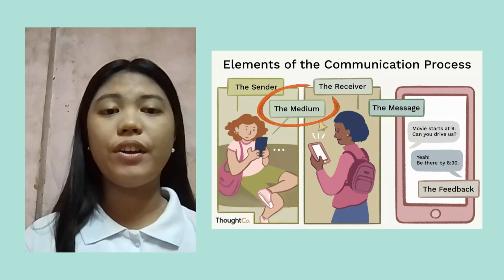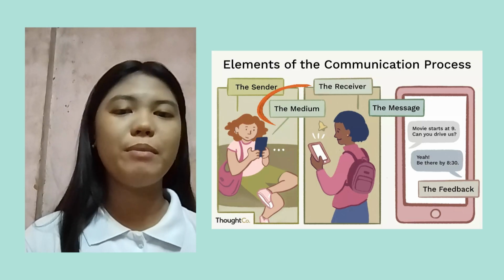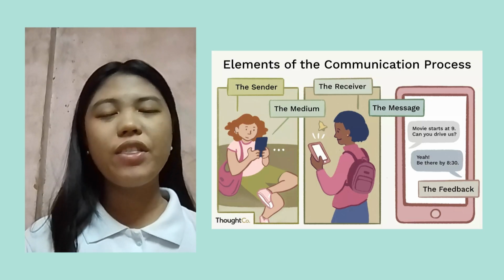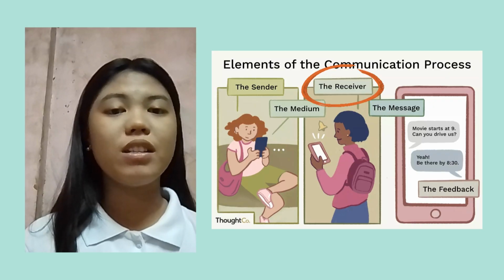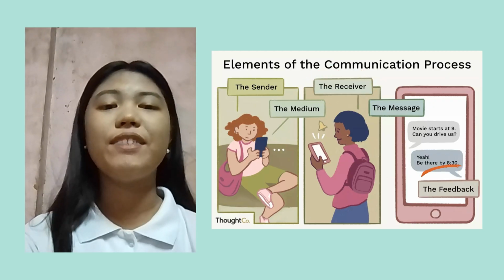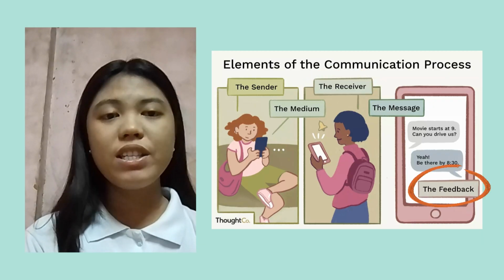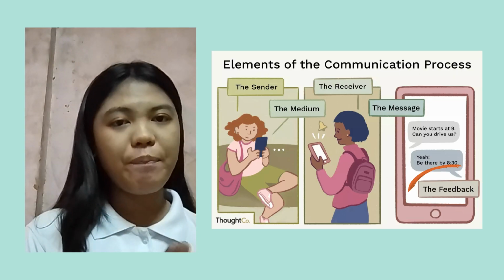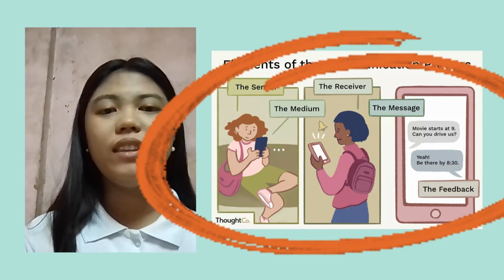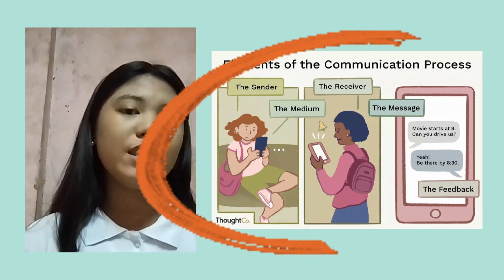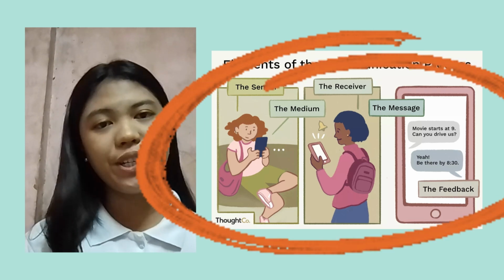Third is the channel, the medium through which the message is sent. Fourth is the receiver, the individual or group receiving the message. Fifth is the feedback, the response from the receiver back to the sender. Context, the environment or situation in which communication occurs.